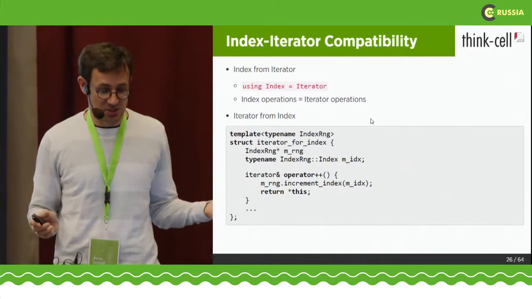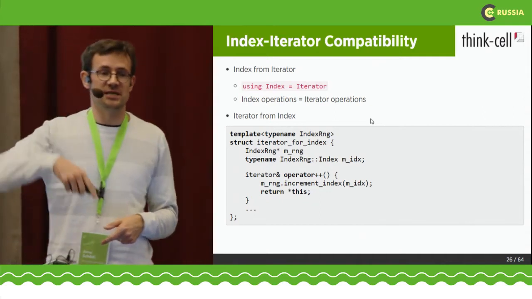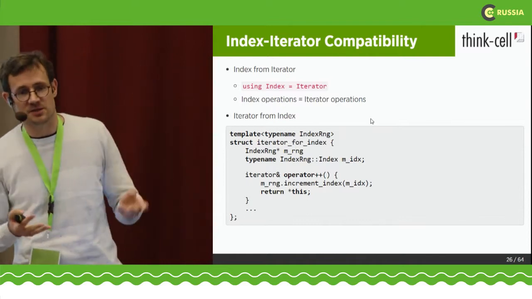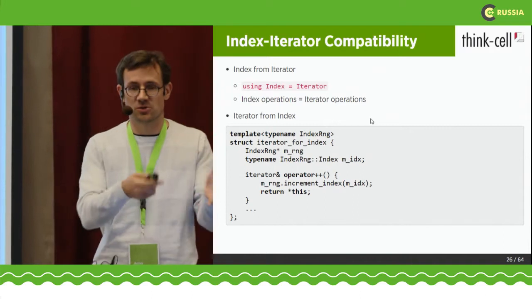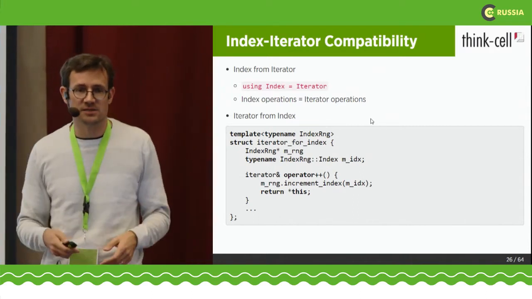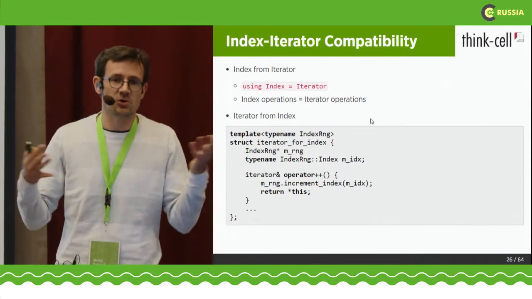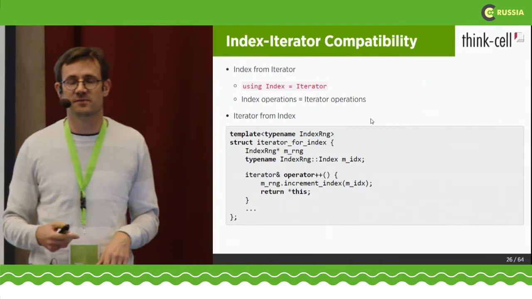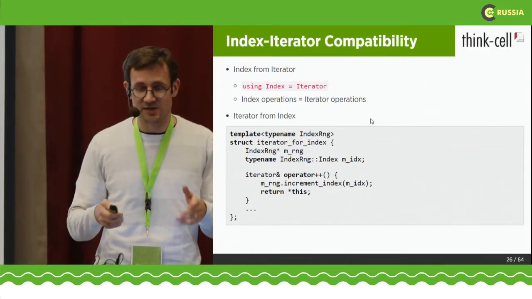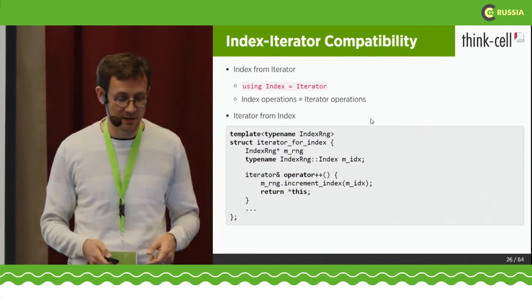Compatibility is relatively easy to achieve. First of all, any iterator can be used as an index. So if you want to wrap the vector into something that supports that index concept, that's easily done, because any iterator that can do these things by themselves will serve as an index just fine. You can just ignore the range object information and operate directly on your index, your iterator. So that's okay.